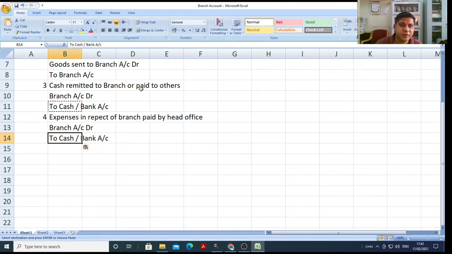Whenever cash is paid to the branch, or expenses in respect of the branch are paid by the head office, we pass the same entry. You have to keep these things in mind. These four entries are very important whenever we talk about general entries. These four entries are repeated in every problem.